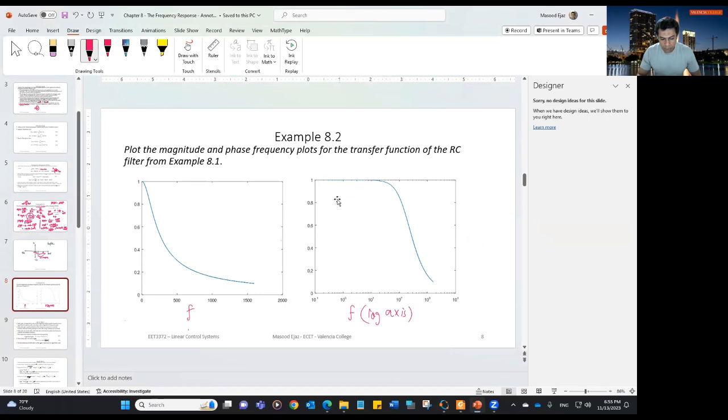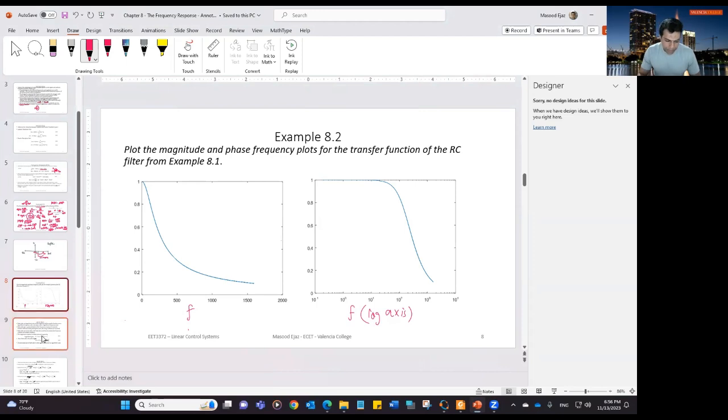They give you, with very good proximity, how the shape of the response is going to look. And many times you don't really need a computer to plot those. That's the main reason we use Bode plots: it gives you how the frequency response is going to look with very good proximity.